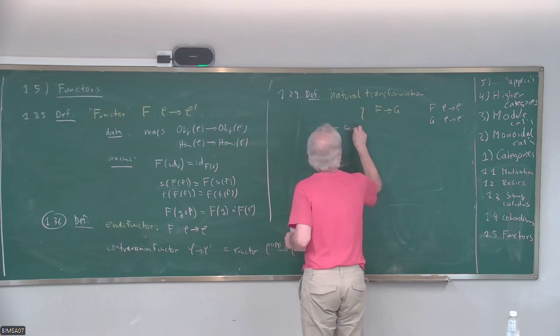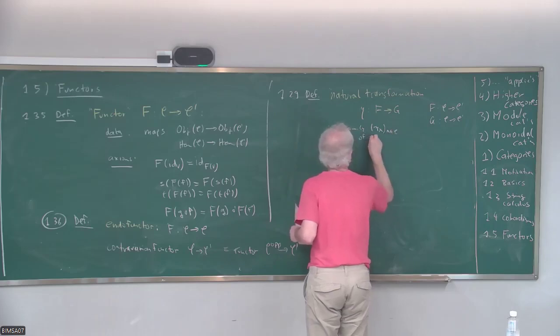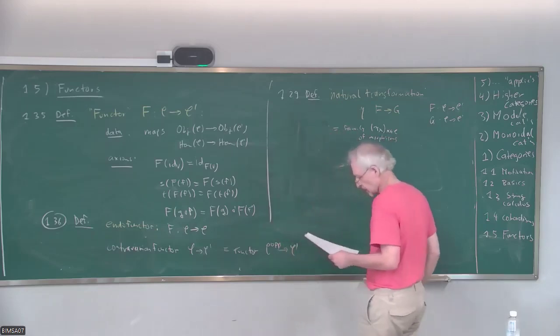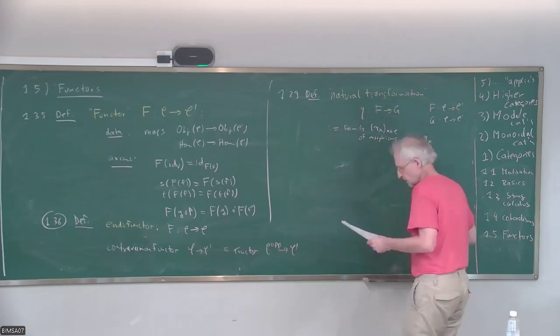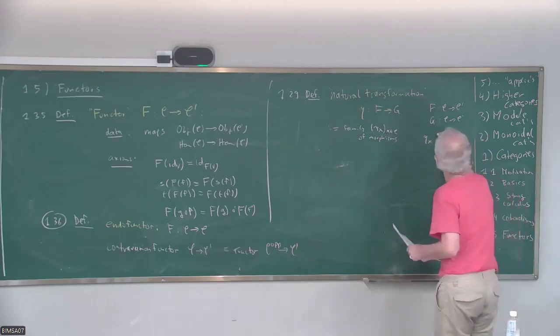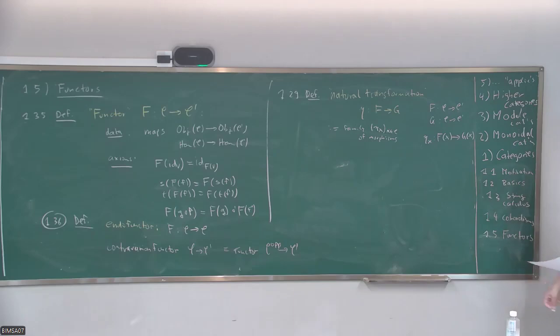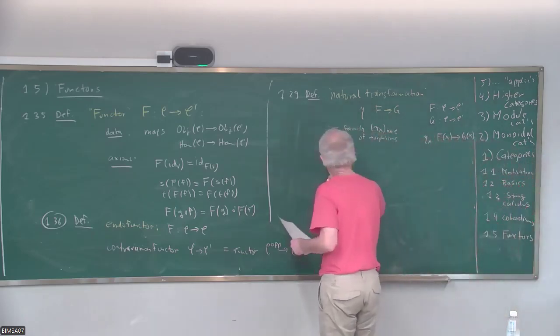This is a family eta X of morphisms, which are indexed by the objects of C, such that eta X goes from F of X to G of X. So this is a morphism in C prime, such that the following diagram commutes.